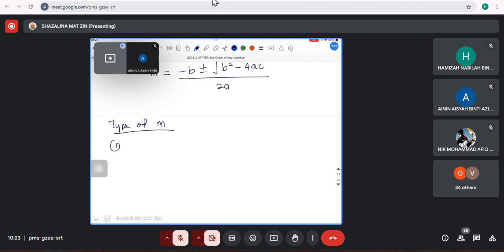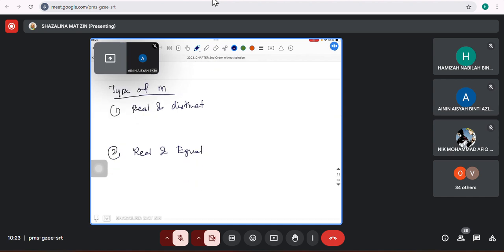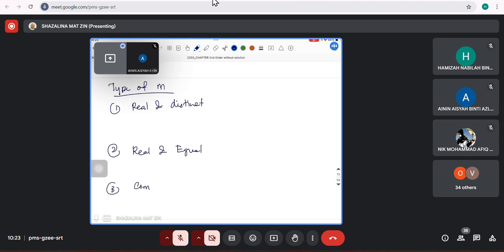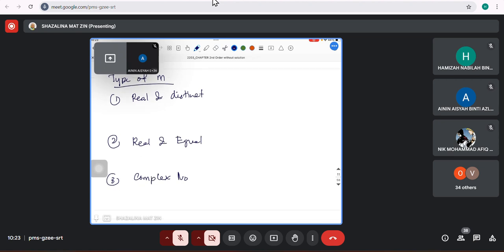Number one, real and distinct. Number two, real and equal. And number three is complex number roots.